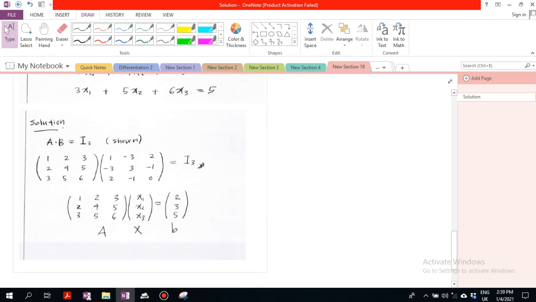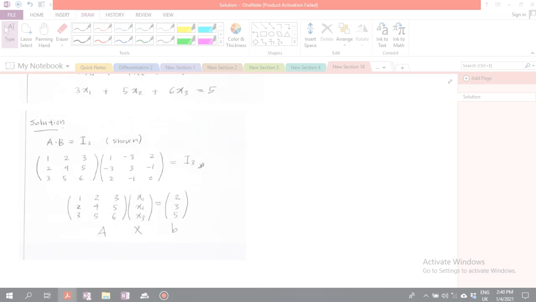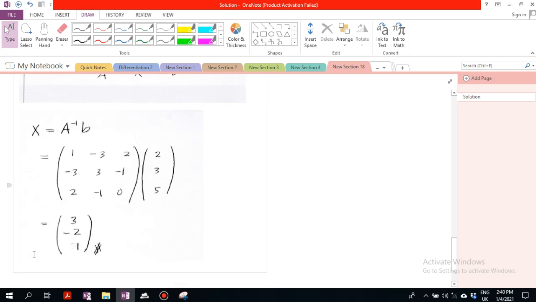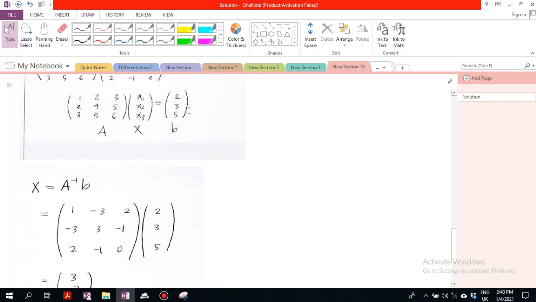So in order to solve this one, to get your X, X is A inverse times B. So inverse it, put it on the left side of b, then you will get your X value.